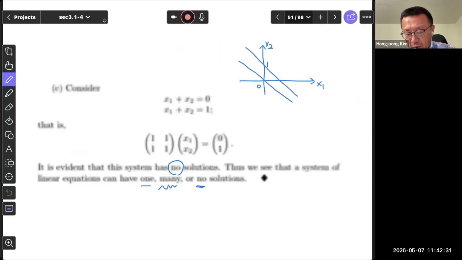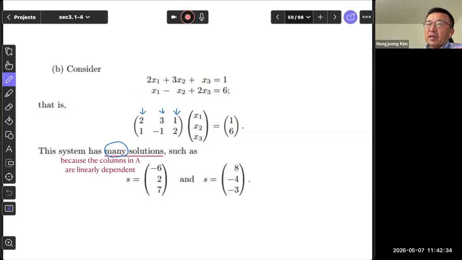Okay, so let me go back to example B here. In B, you have three unknowns but only two equations. Then for that matrix, let me temporarily consider the homogeneous problem.